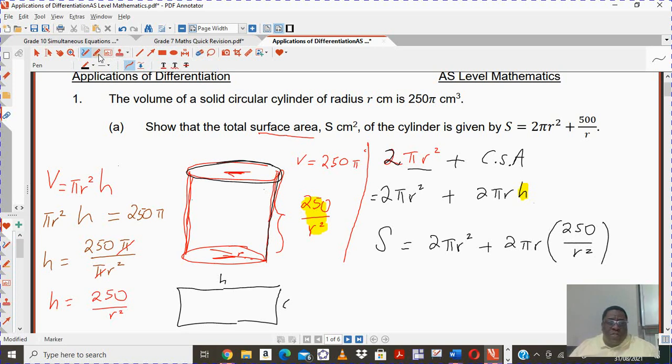There's something else that I want you to have a look at. Just look at your r here and your r squared. When you multiply those two together, you should be ending up with 2 pi r squared plus 2 pi times 250 upon r, because the square and that one cancel, leaving you with r.